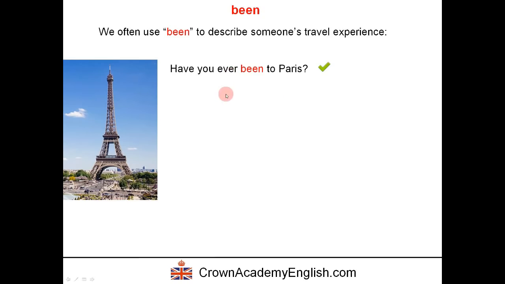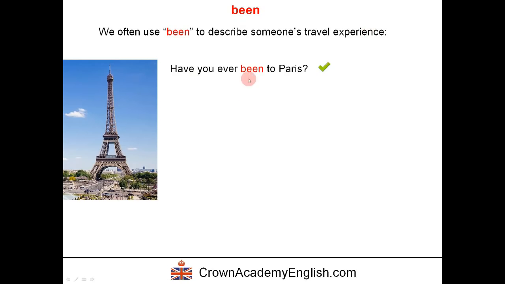Notice that we often add the word ever. And in this context, it means at least once, at least one time. Have you been to Paris? Okay. So this means in the past, up until the present, have you visited Paris at least once?